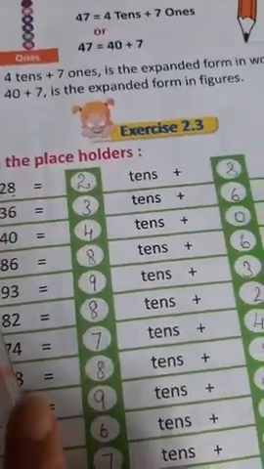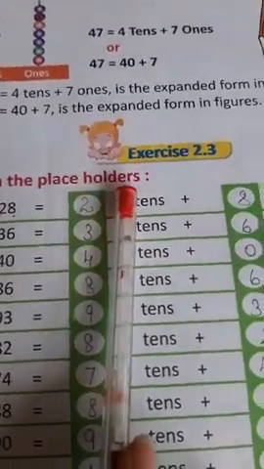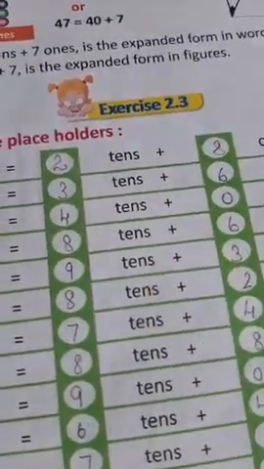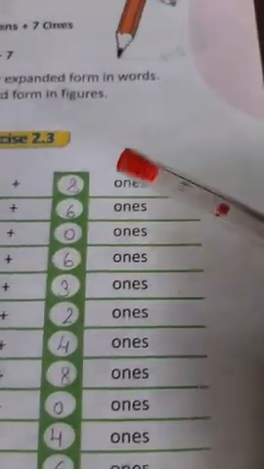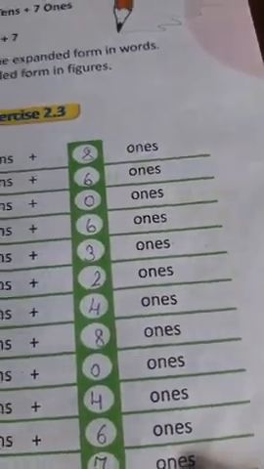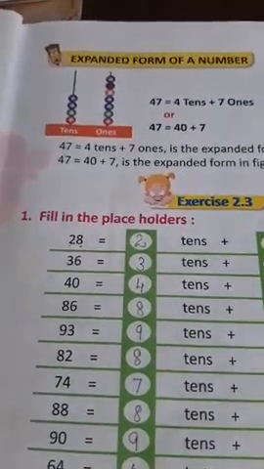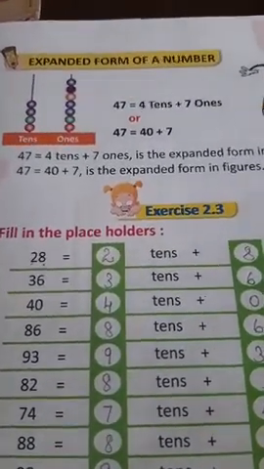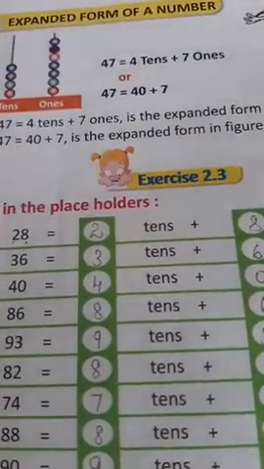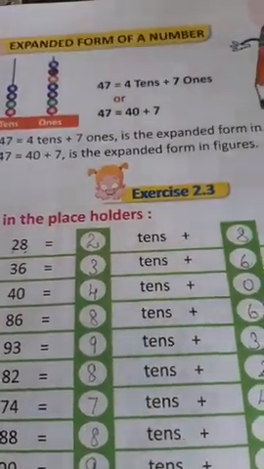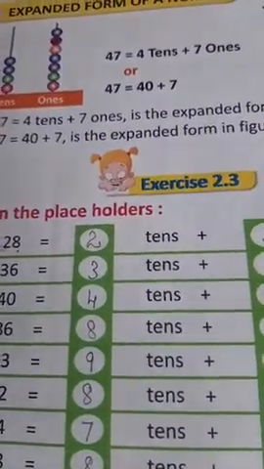Let us start with question number 1. Fill in the placeholders. There are some questions like 28. This is the tens place, this is the ones place. Okay, students, we write the first place as ones and the second place as tens.